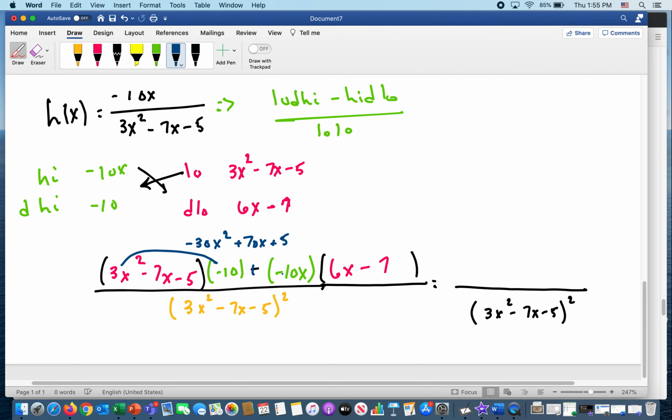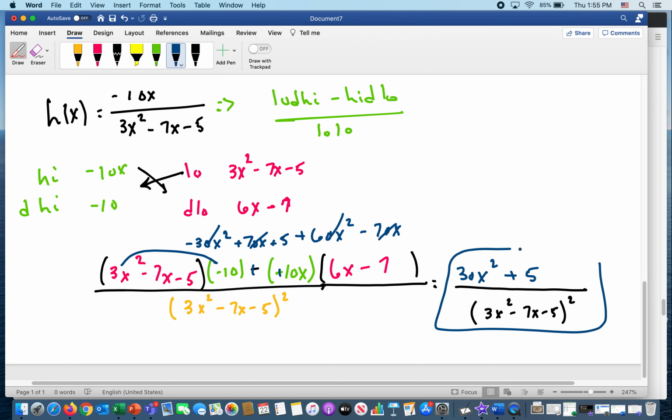So I can go ahead and call this a positive 10x. That would give me plus 60x squared minus 70x. And now when I combine those like terms, I have a positive 30x squared, because the 70x's will cancel, and I'm left with plus 5. And that is as far as I can go.